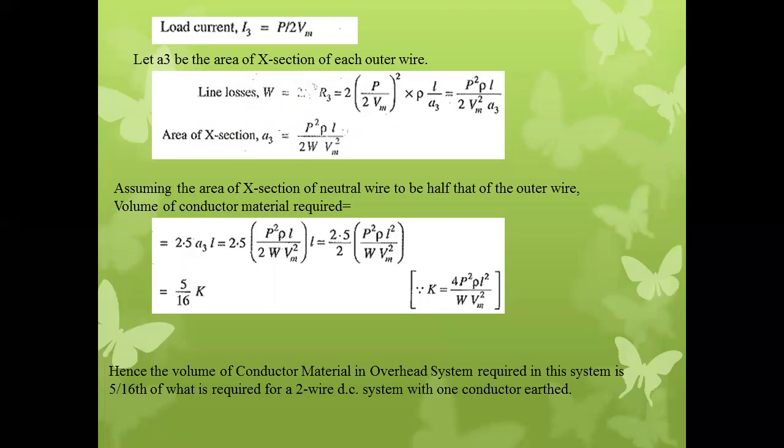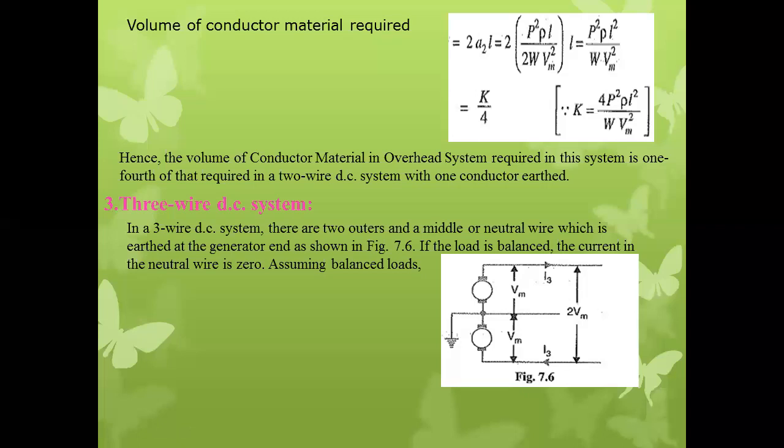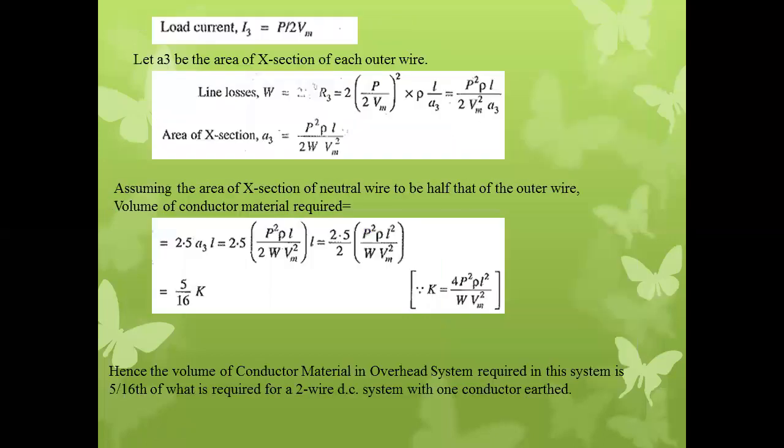As in the conventional method, we have to find the load current first of all. So I3 is the load current. I3 is equal to the phase voltage divided by the resistance of the line conductors, or the wires. The resistance is R3 over here. We have to remember this point.